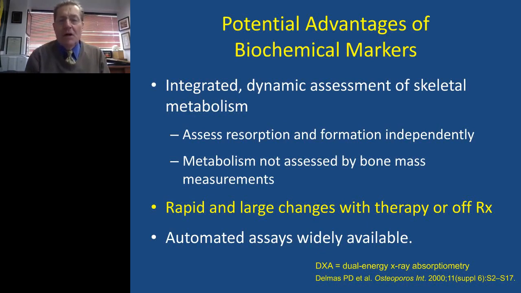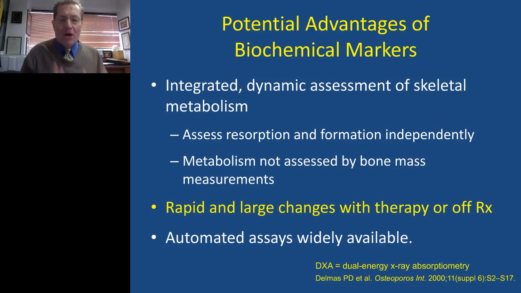Some potential advantages of markers are that they represent an integrated dynamic assessment of skeletal metabolism. One of their disadvantages, and we'll show you in the next slide, is that they can't tell you what bone they're coming from, or whether they're coming from a single bone or many bones. We assume that in systemic bone diseases like osteoporosis, they're an integrated measurement of what's happening systemically.